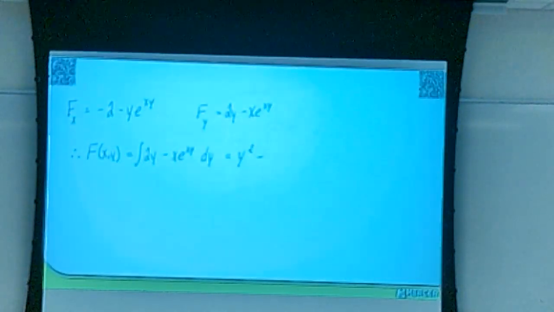I want the antiderivative. So what function, when you take its partial with respect to y, gives you x e to the xy? That's what it's asking. E to the xy. Just e to the xy.